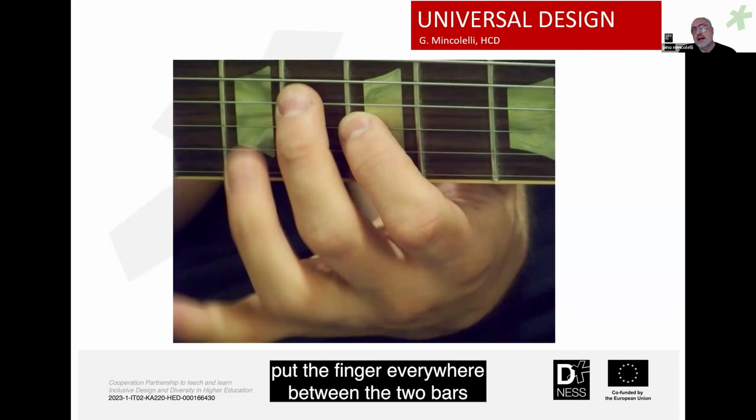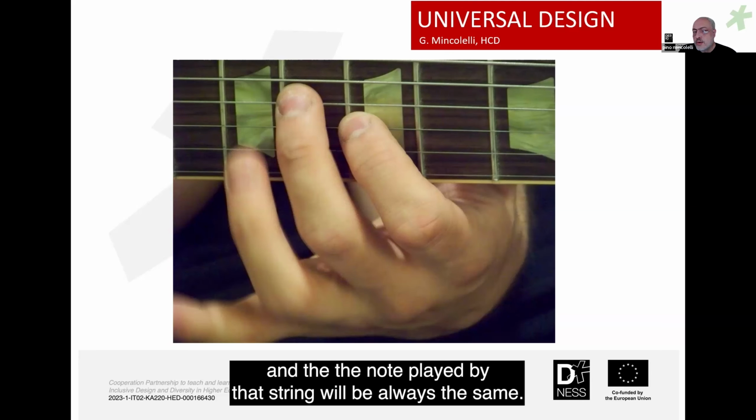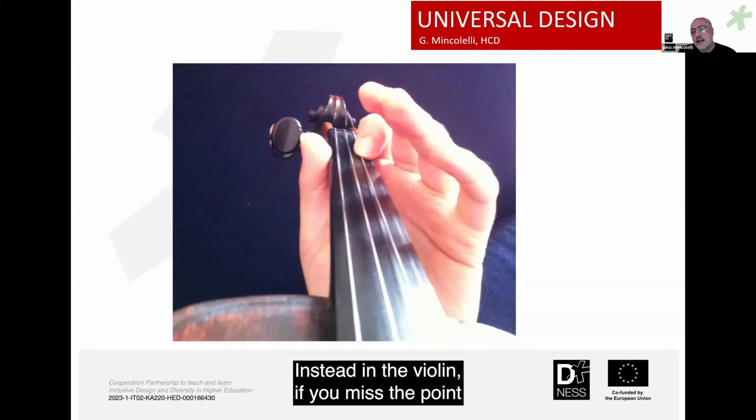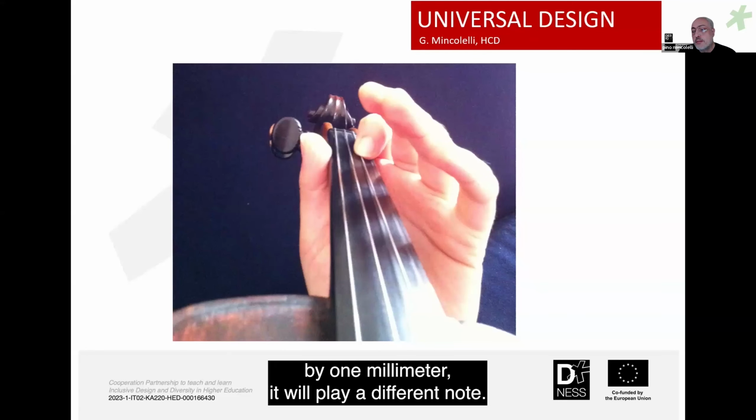You can put the finger anywhere between the two bars, and the note performed by the string will always be the same. Instead, in the violin, if you miss the point by 1 millimeter, you will make a different note.